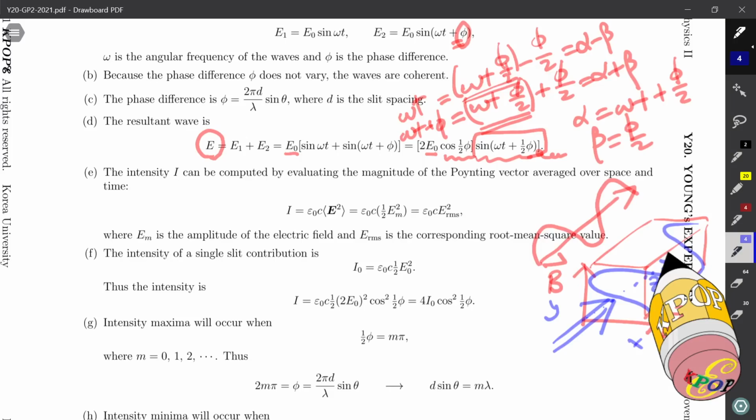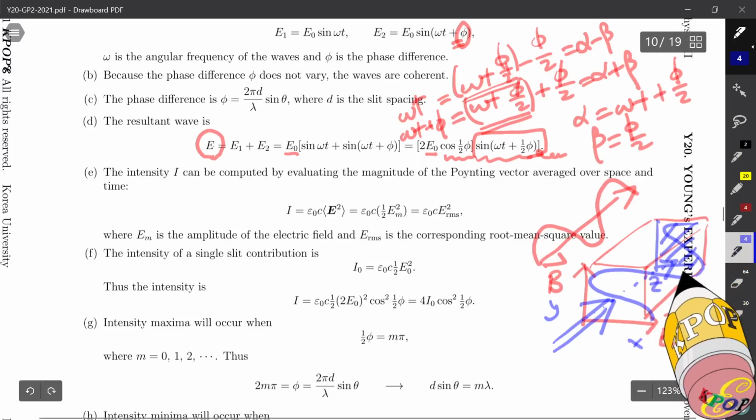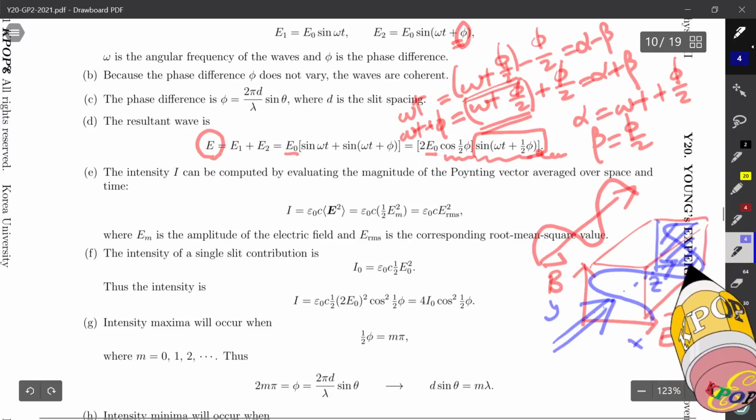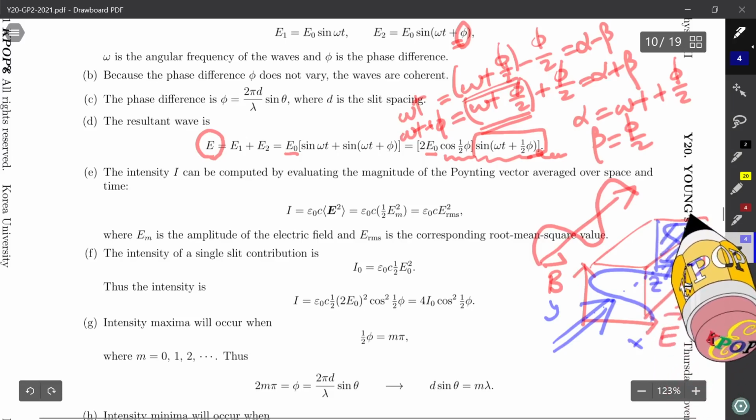propagating in space can be expressed as a Poynting vector, as we have studied already, and the energy deposit in a certain area is the total energy deposit to an area.